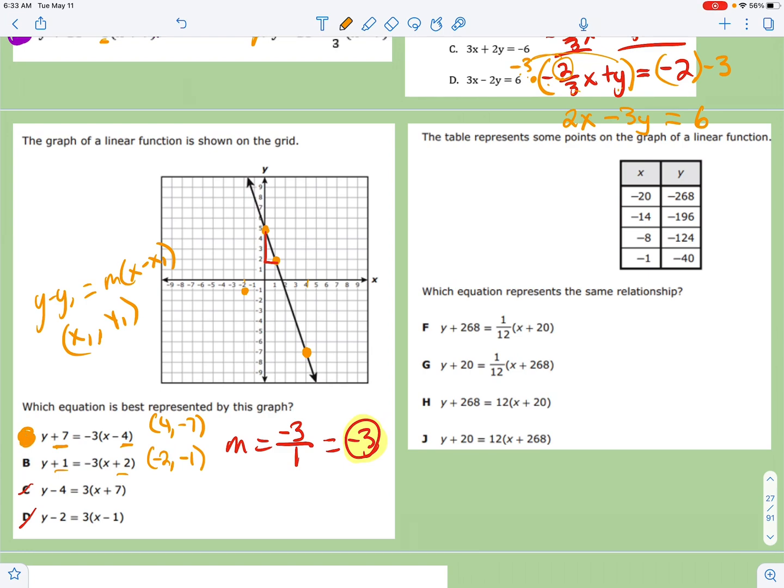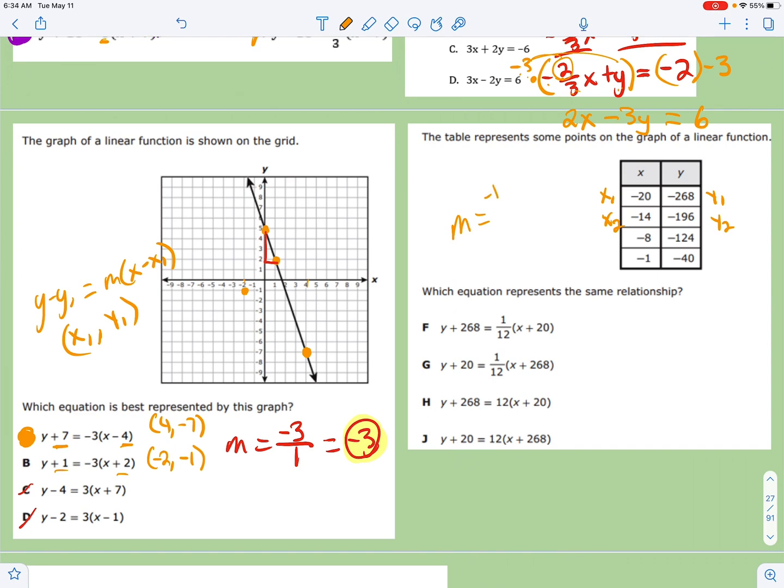All right. Now, when we come to this table, because the answers are in point slope form, my recommendation is not to put this in the calculator, but go ahead and find the slope the way we know how. Make this x1, x2, make this y1, y2. Let's go ahead and find this slope.